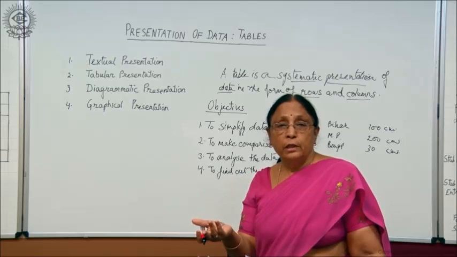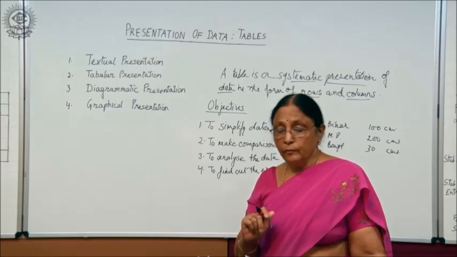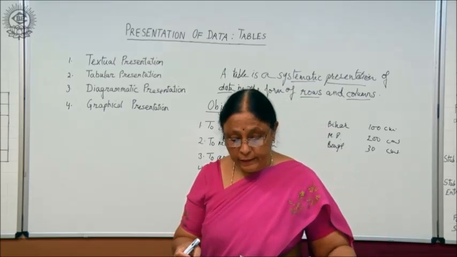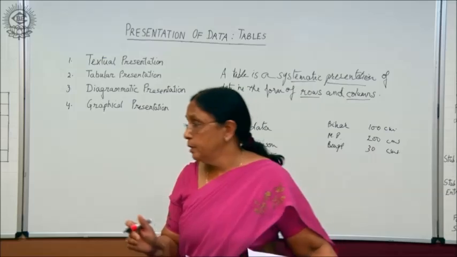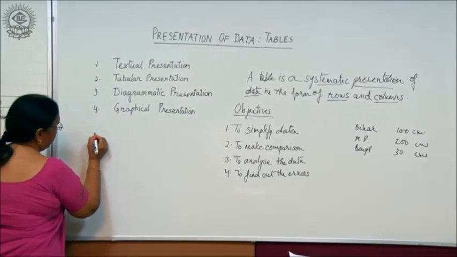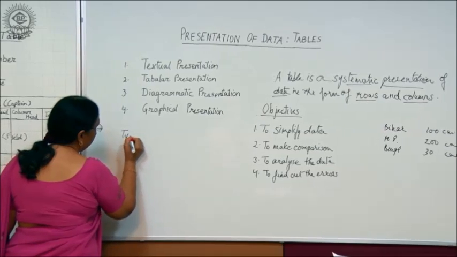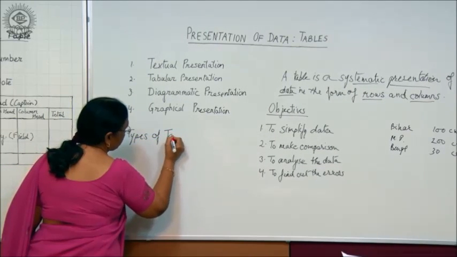So this is the importance or objectives of tabulation of data. Now we will see how the table is made, right? Now before that, another thing we will take in detail, that is types of tables.